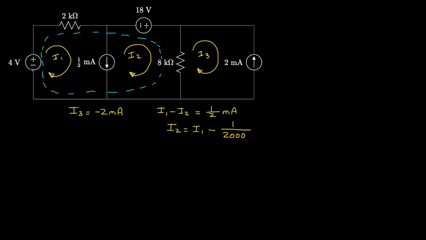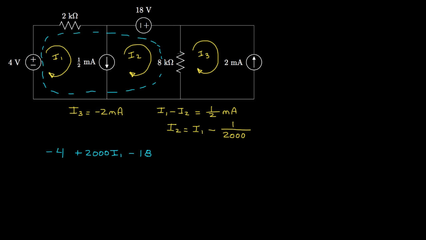So let's start here. We'll go minus 4. Then we're going to drop 2,000 times I1, so we'll add that. Then we'll come along and see the negative side of an 18 volt source, so we'll write that as minus 18.